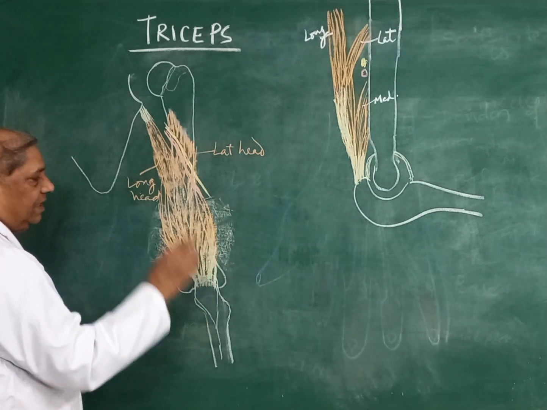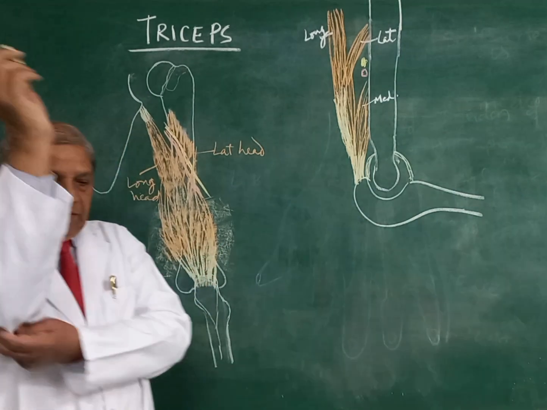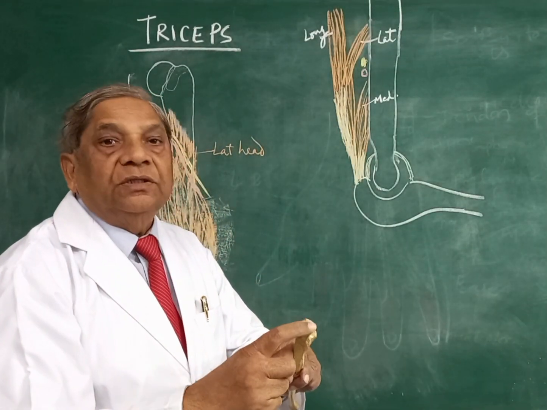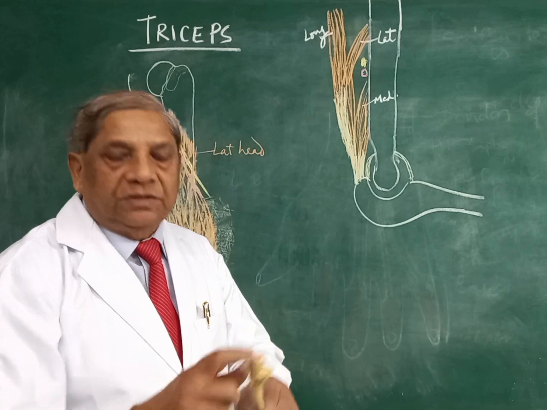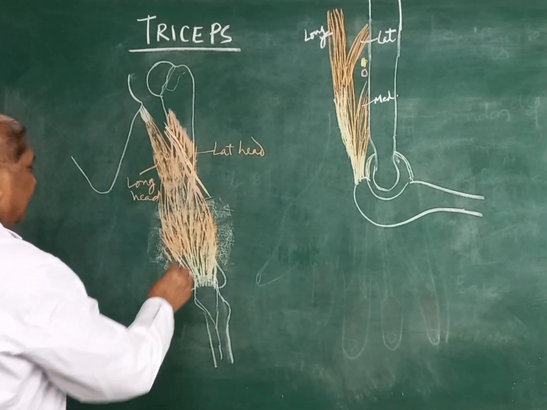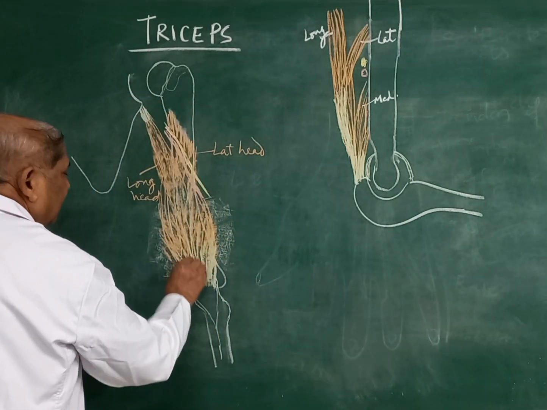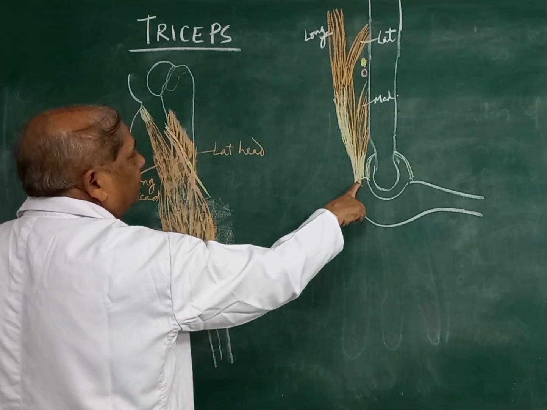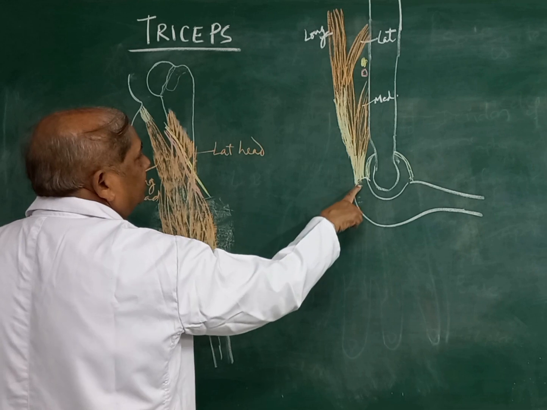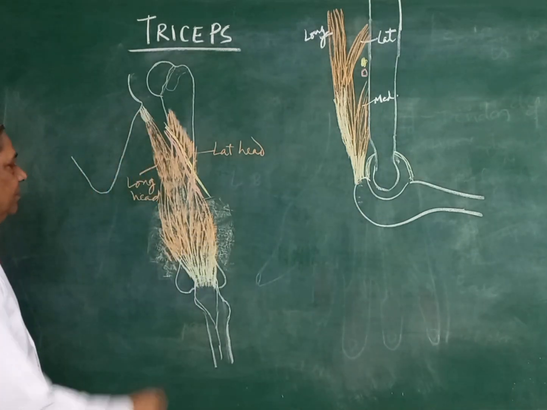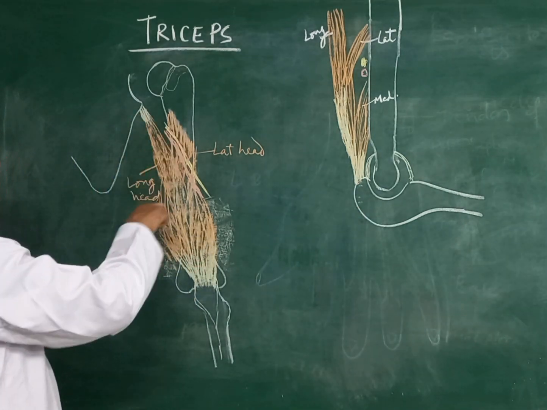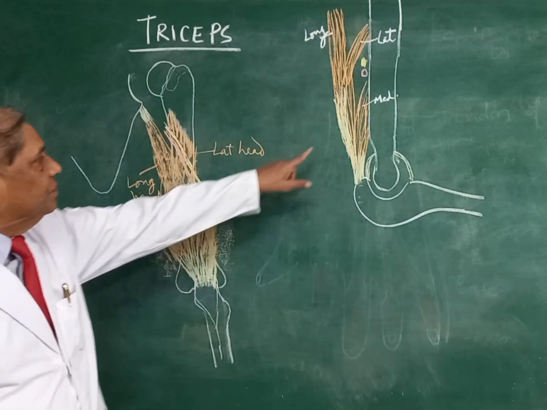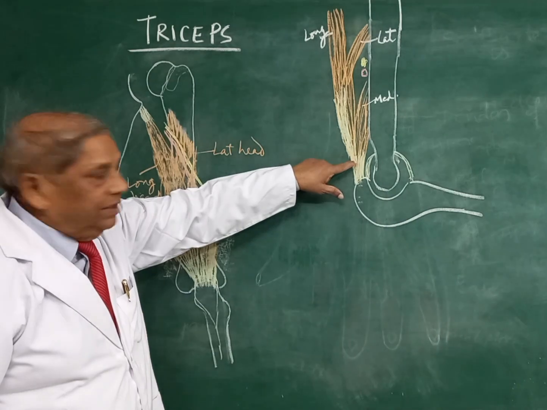So this is the insertion. After crossing the elbow joint, this strong tendon gets attached onto the top of the olecranon process. So these are the three different heads of origin, and the three heads fuse with each other here as shown.